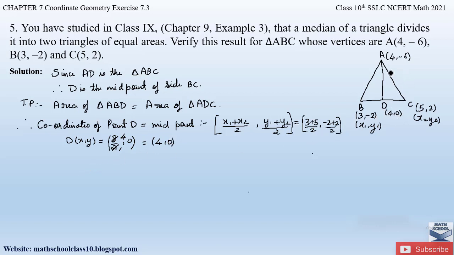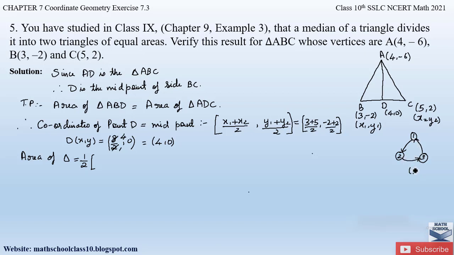Now let us find the area of triangle ABD and ADC by applying the area of a triangle formula. Area of a triangle is given by half into, since a triangle has 3 vertices, we will write it like this, and we have to move in a cyclic order in any one of the directions.